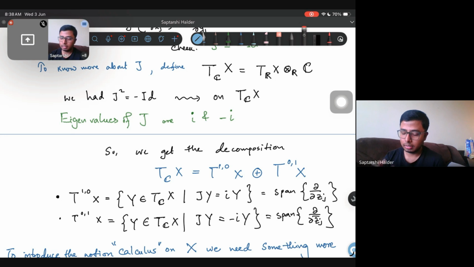The whole vector space, here TCX, can be written as the direct sum decomposition of those eigenspaces. This is just elementary vector space theory, like V equals V1 direct sum V2.